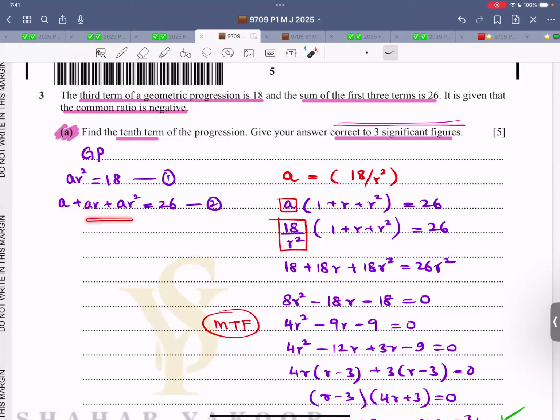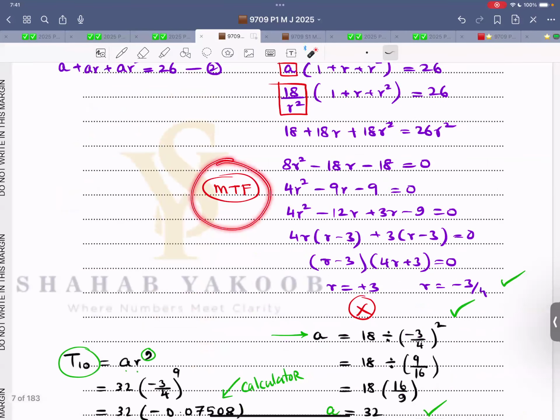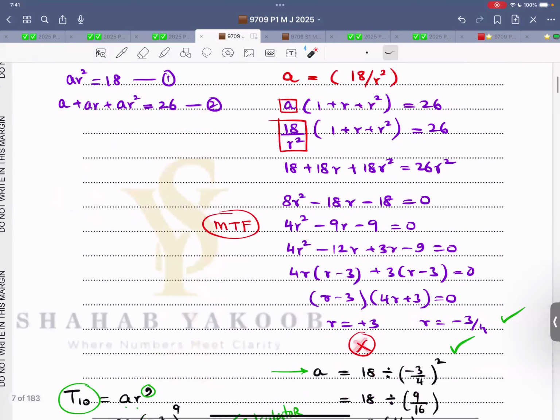So this is equation 1. This is equation 2. Now take this thing and place it in place of a. Cross multiply. And what are you seeing once again? What does MTF stand for? Middle term factorization. Again, you are getting two values. Yes, you are getting a positive. Discard. Why are you discarding it?